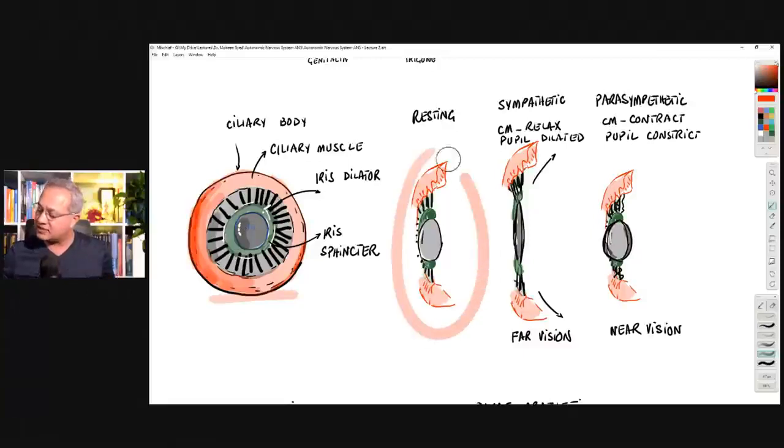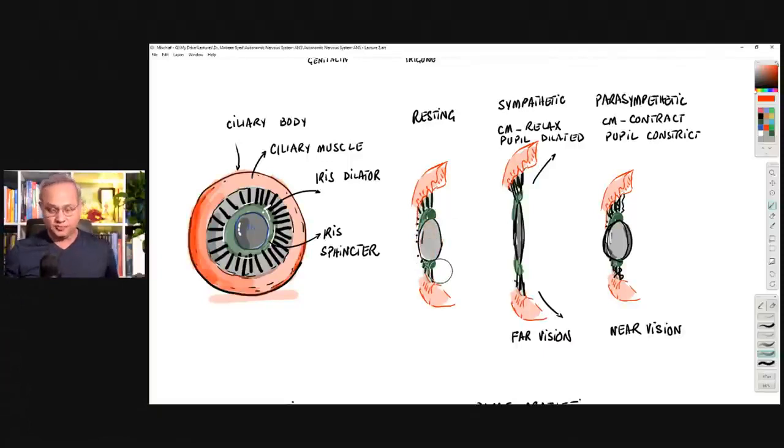So if you look at this eye from the side, normally this is the ciliary body and the ciliary muscle, a ring. Attached to the ring are the dilator fibers. Attached to the dilator fibers is an internal ring around the lens, and this is the constrictor, and then the lens itself. Now, if we are running, we want our lens to become flattened so we can see far.